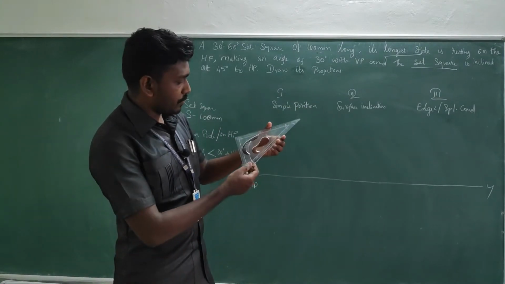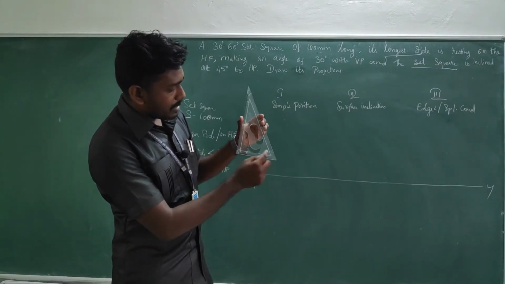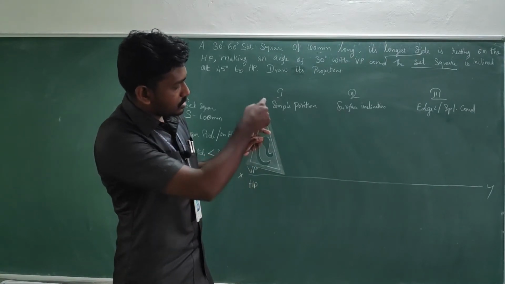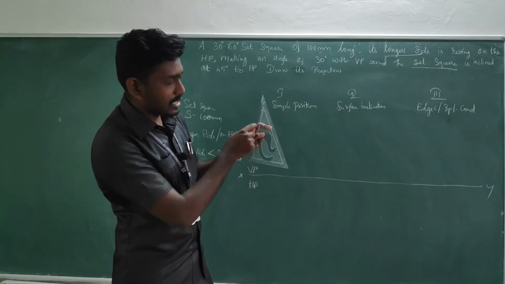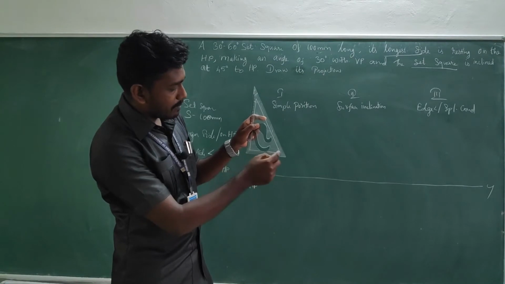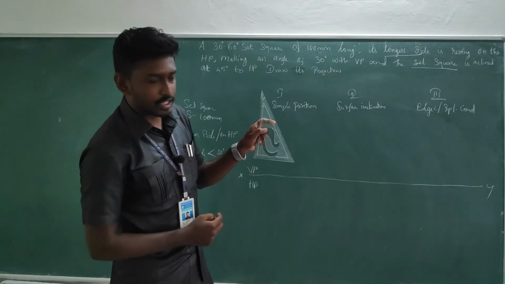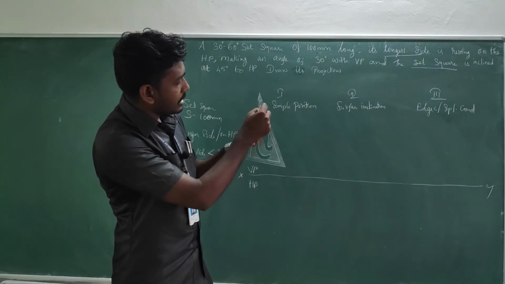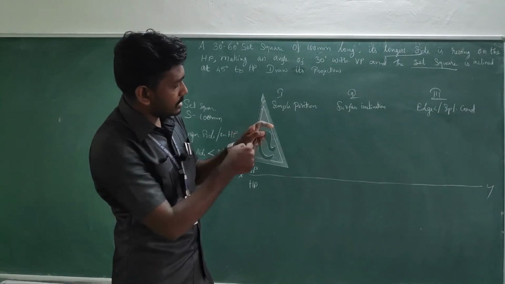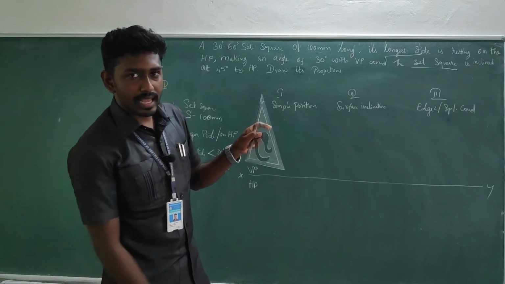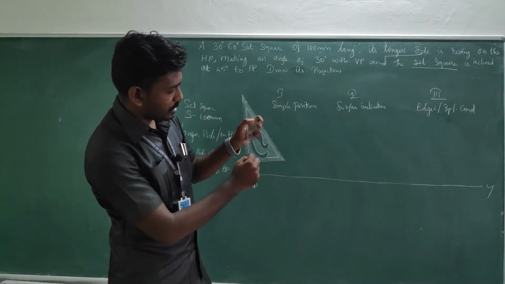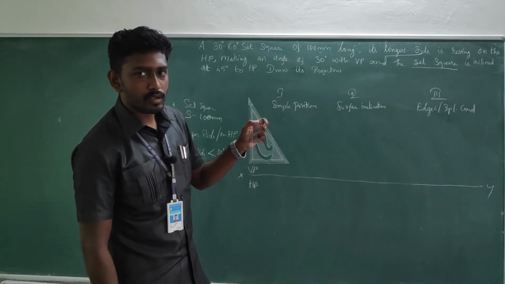Set square, if you see the angle between the longer side, this side is a longer when compared with other two. The angle between these two edges is 60. The angle between these two edges, longest and this edge is a 30, and this will be always with the 90 degree, right?